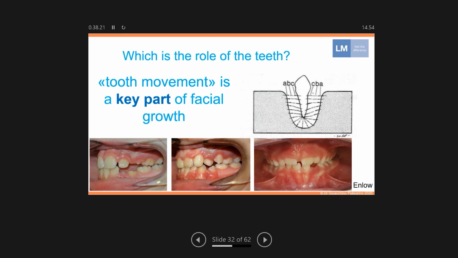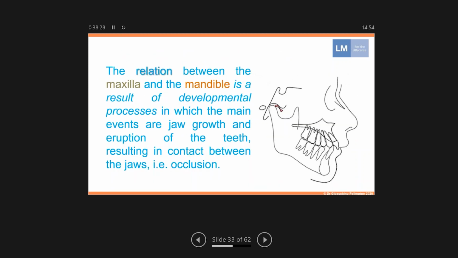And this part of facial growth is really very important, because the position of the teeth inside the mouth will condition the relation between maxilla and mandible. And this relation at the end is the result of developmental processes in which the main events are jaw growth and balance with the eruption of the teeth, so that the occlusion is really very important at the end.